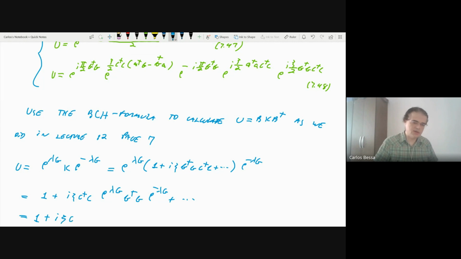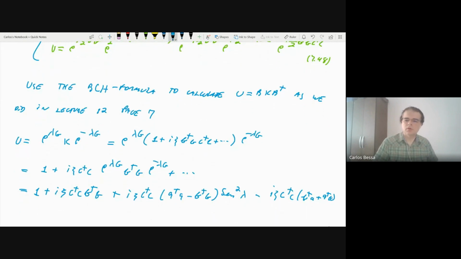I psi C dagger C, B dagger B, plus I psi C dagger C, and dagger A minus B dagger B, sine square of lambda, plus, minus I C dagger C, B dagger A plus A dagger B. And multiplying here is sine of lambda cosine of lambda.